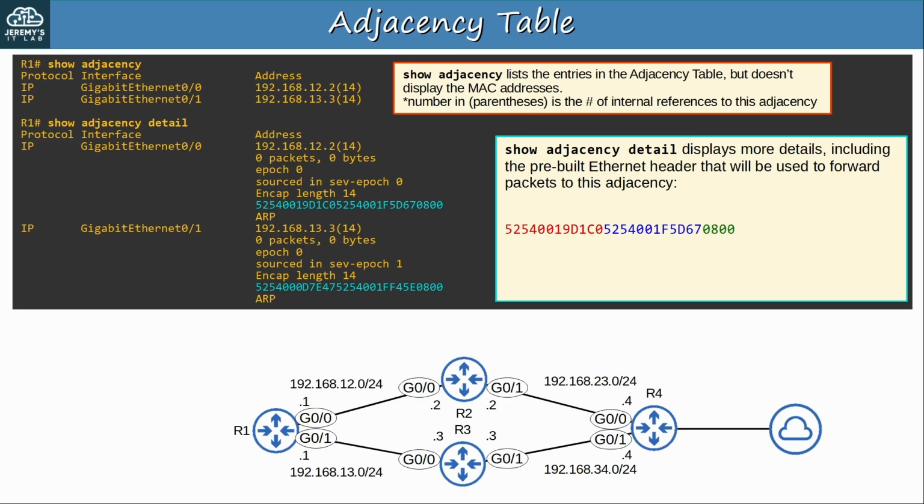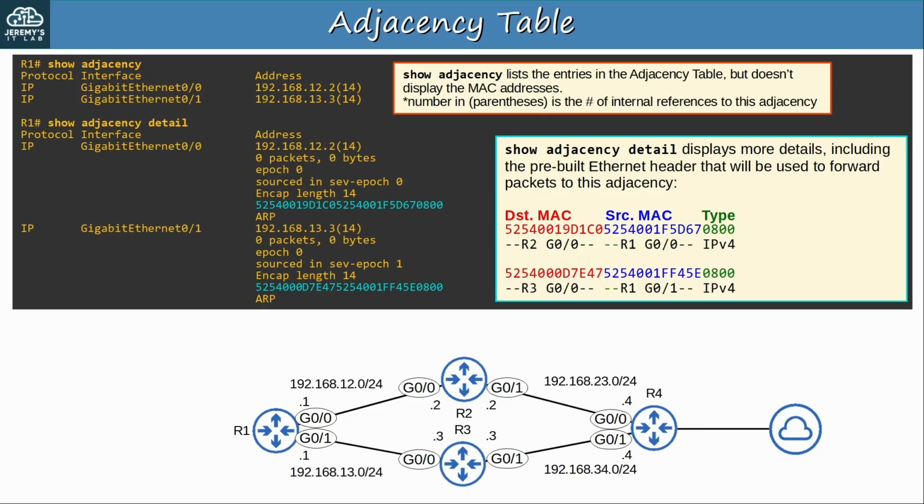For example, here's the entry for 192.168.12.2. This string of characters identifies the destination MAC, source MAC, and ether type to be used for frames sent to this adjacency. So the first 12 characters are R2 G0/0's MAC, and the next 12 are R1 G0/0's MAC, and the last 4 are 0800, the ether type for IPv4 packets.